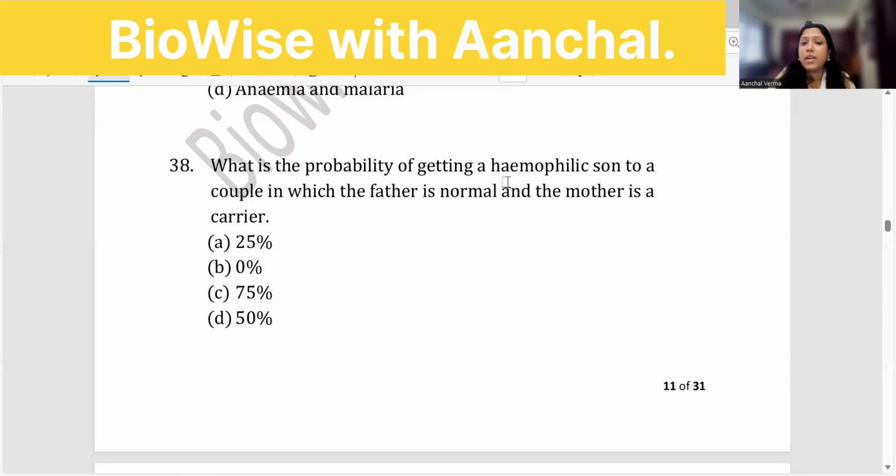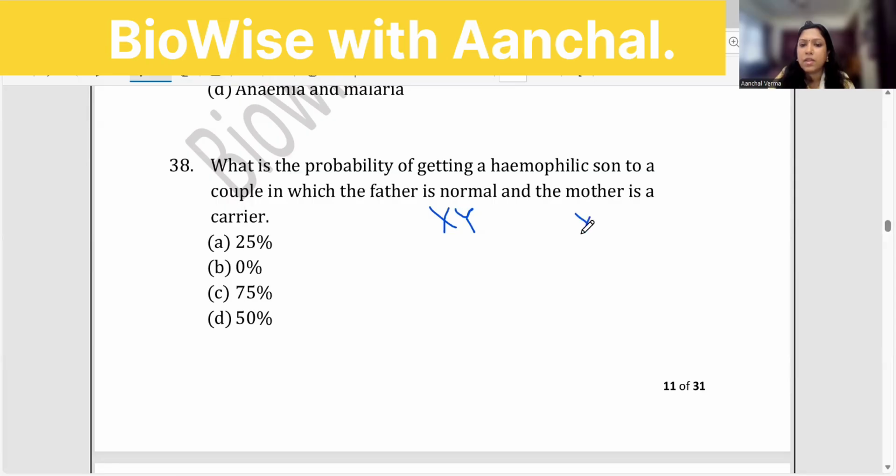What is the probability of getting a hemophilic son to a couple in which the father is normal? Father is normal means what? The father is XY, totally normal, right? And the mother is a carrier. Mother has got a faulty gene.